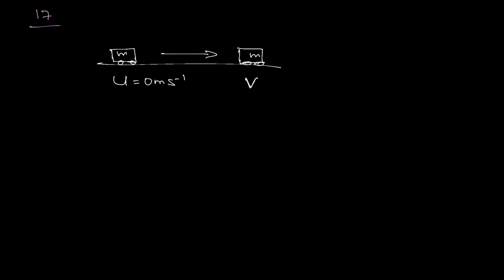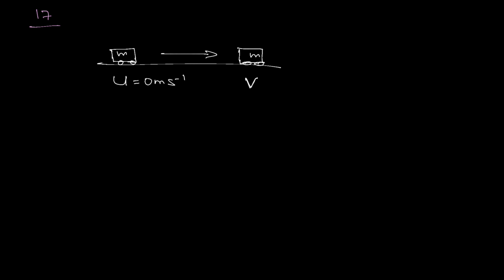Question 17. An electric vehicle is driven by a motor which produces a constant driving force. The vehicle travels from rest along a straight horizontal road. Friction and air resistance are negligible. Which statement describes the variation with time of the power developed by the motor?